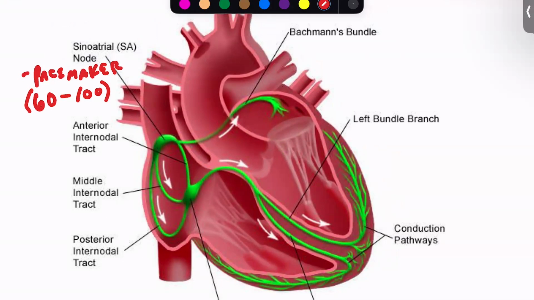So just remember our SA node is located in the right atrium. And this is what's going to be generating and setting the sinus rhythm for our heart. Next one we have is the AV node. So we're going to notice this one is kind of right along the floor of the right atrium.